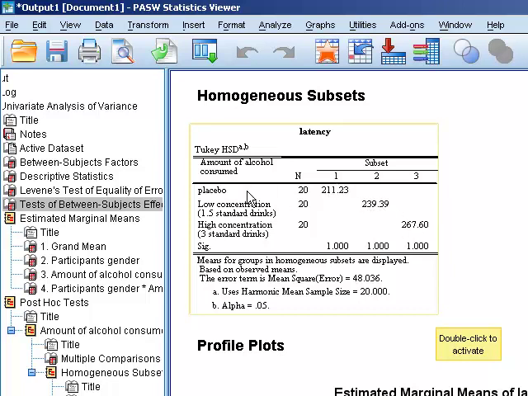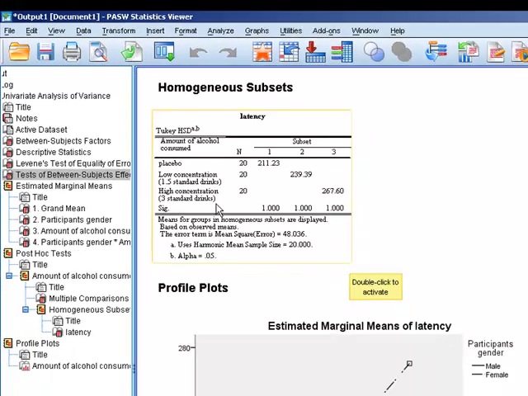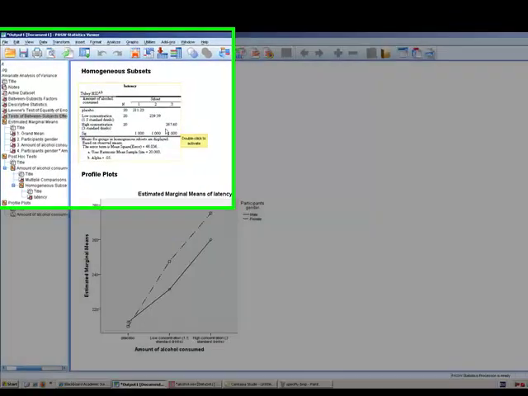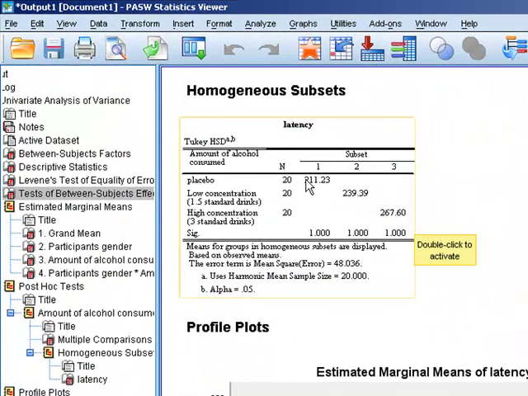This is placebo and it's by itself. Subset 2, the low concentration, is by itself. It's significantly different from both group 1 and group 3 at the 0.05 level, so alpha equals 0.05 here. And finally, high concentration, 3 standard drinks, is significantly longer than both 2 and 1.